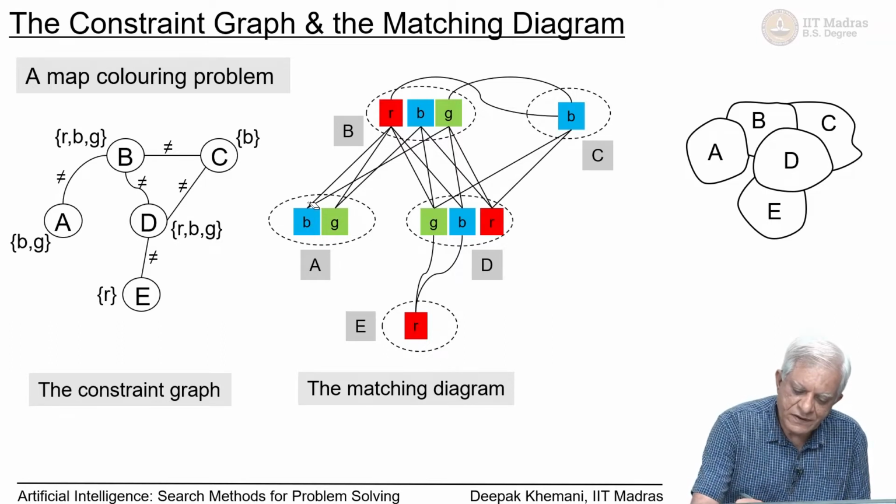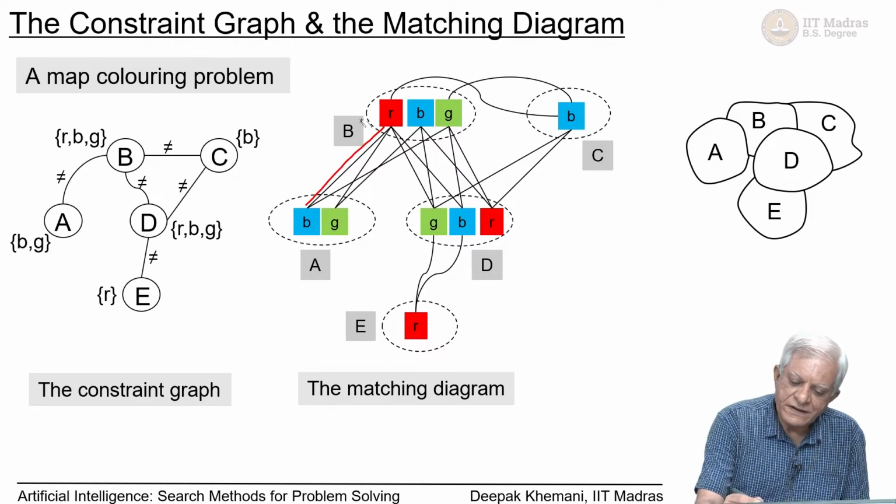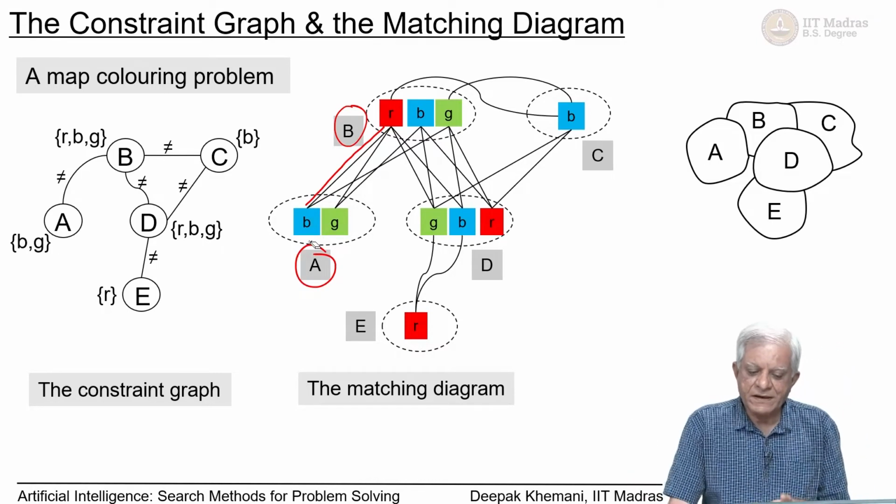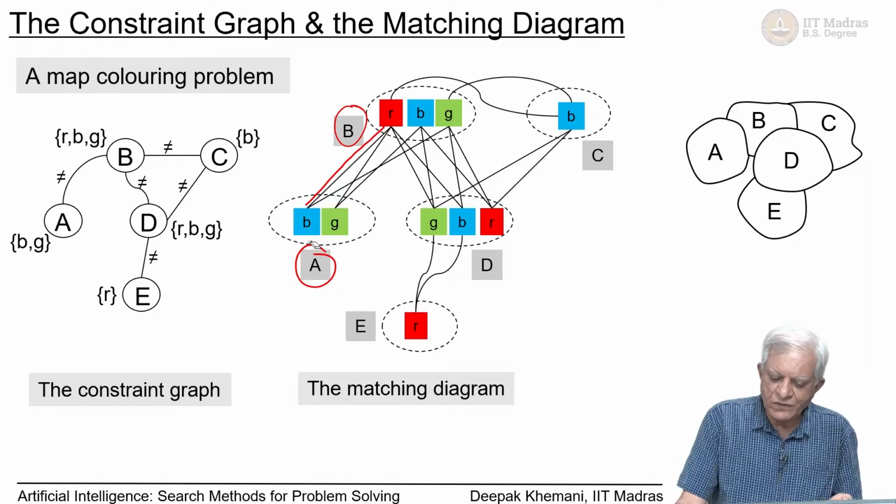So, for example, if you can see there is an edge between B and R here. This R is for region B and this B is for region A, and there is an edge between B and R. It says that you are allowed to choose these two values, that you can choose blue for A and R for red. So, an edge in a matching diagram connects values from different variables which can be assigned the value together in the solution.